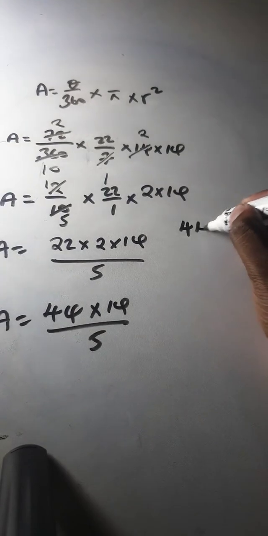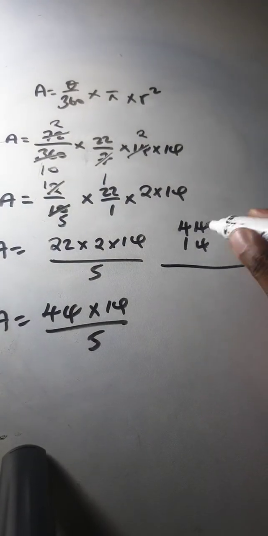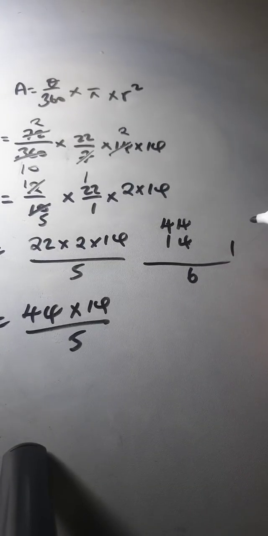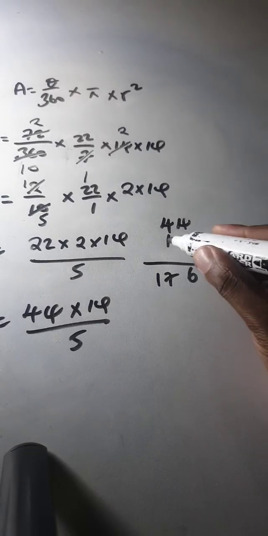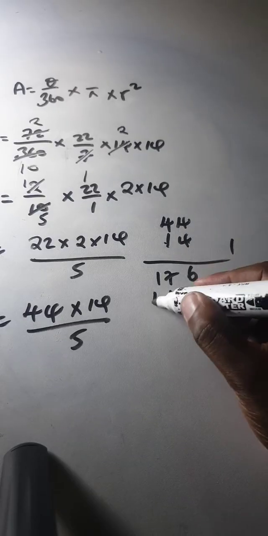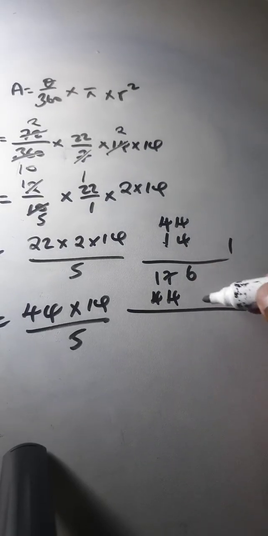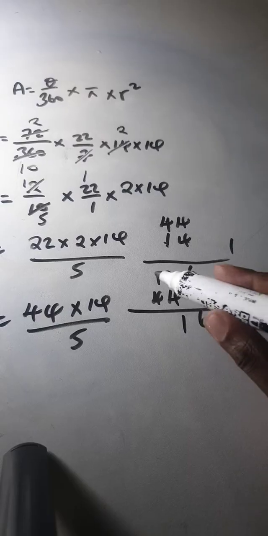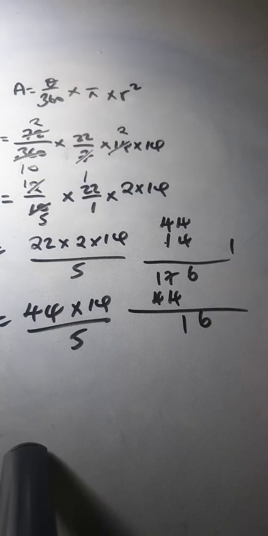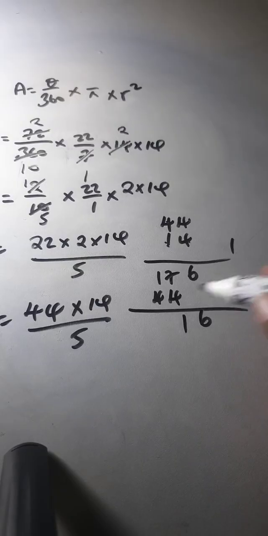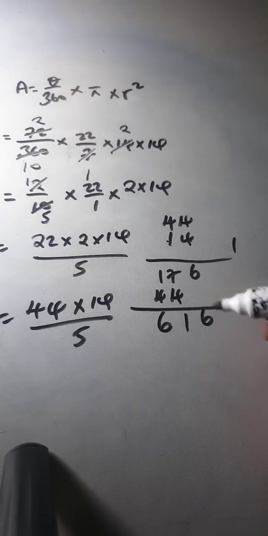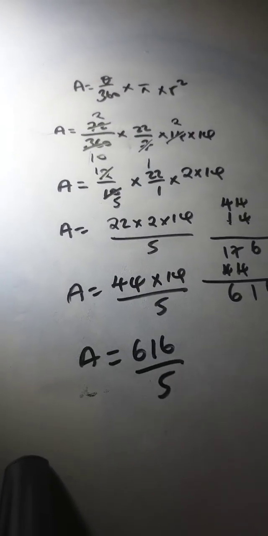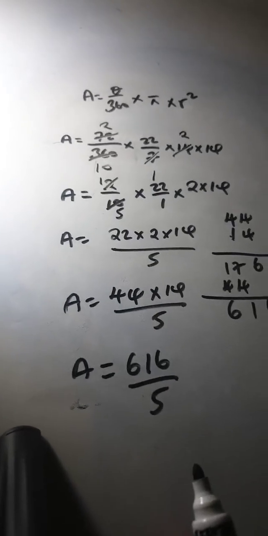So we have 44 times 14. 4 times 4 is 16, remainder 1, plus 4 times 1 gives 17... Right? So we now have 616 over 5.